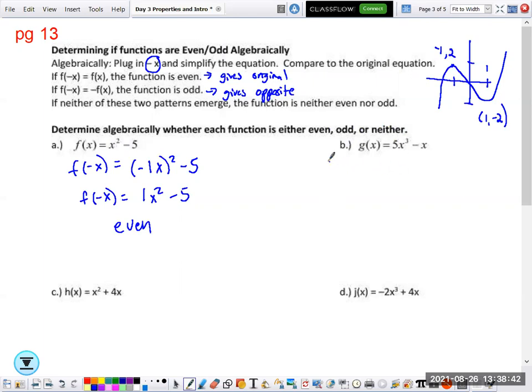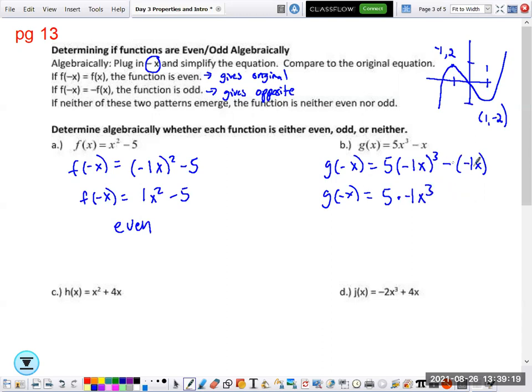So now for letter B, we're going to plug in negative x for g of x. I'm going to do the same thing, putting negative 1x, because it helps me when I have to cube. Every time I see an x, I'm going to put negative 1x there. So go ahead and cube negative 1x. Hopefully, you got negative 1 cubed is negative 1, and x cubed.